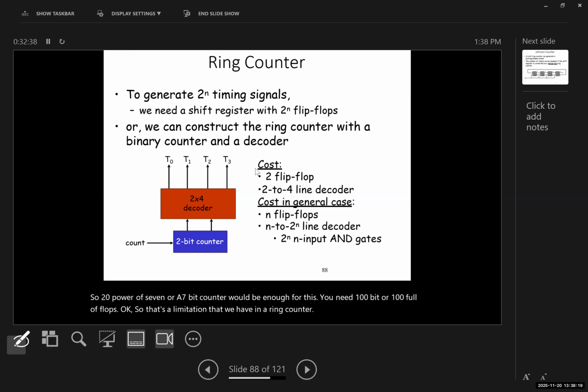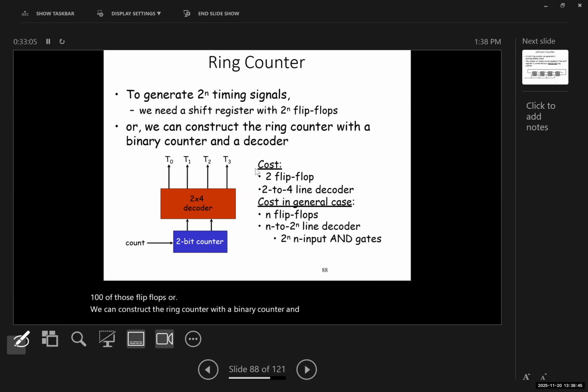Now, in a ring counter, to generate 2 to the power of n timing signals and overcome that limitation, we need a shift register with 2 to the power of n flip-flops, which as mentioned, if you need 100 of them, it's going to be 100 flip-flops. Or we can construct the ring counter with a binary counter and a decoder.